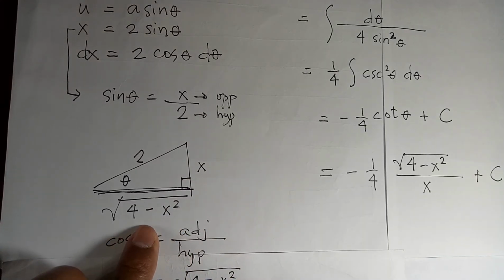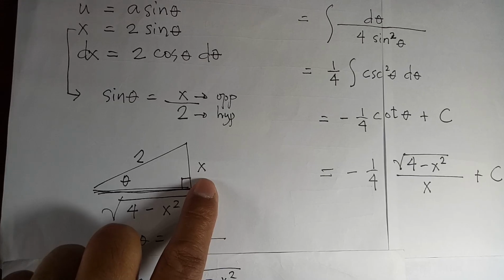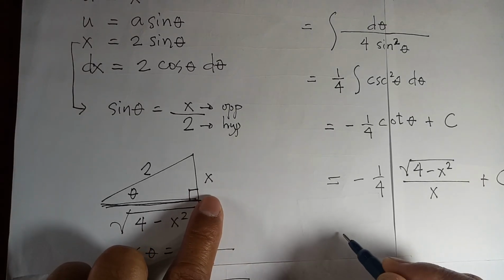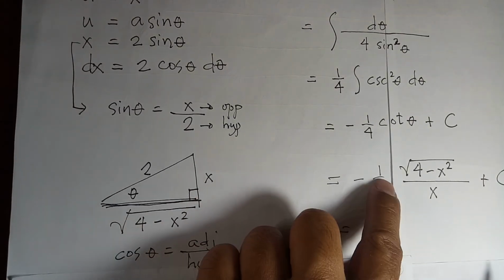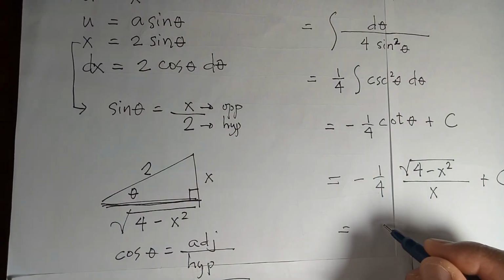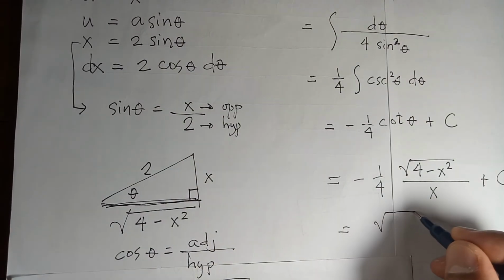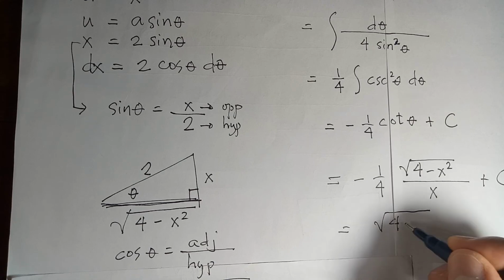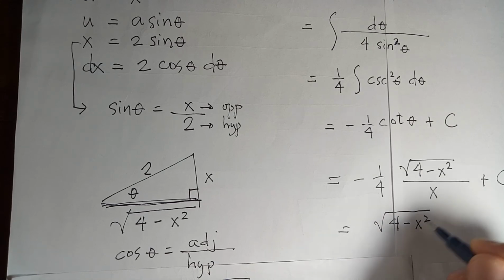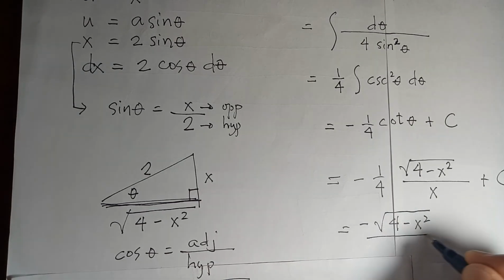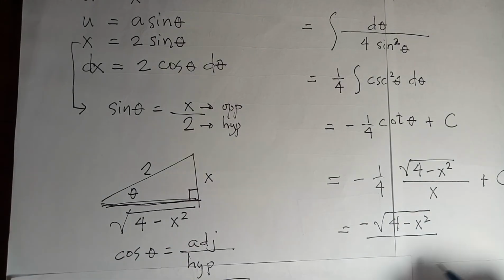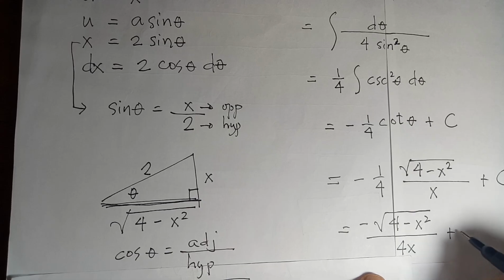Cotangent, adjacent side divided by the opposite side. So, meron tayong negative 1 times square root of 4 minus x squared ay negative square root of 4 minus x squared. Tapos, meron tayong 4 times x. So, that's 4x. And then, plus c.